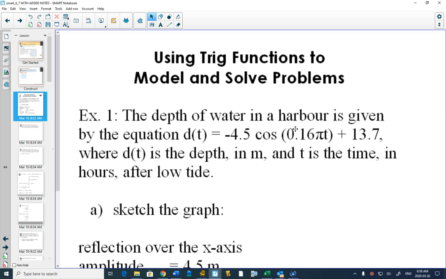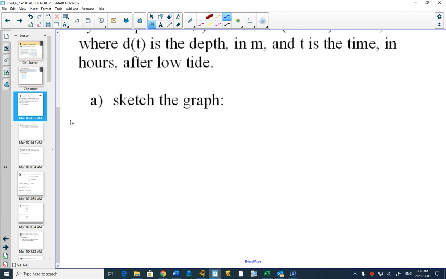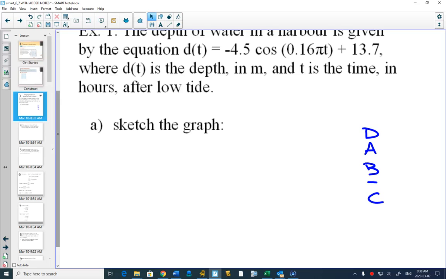So we've got that the depth is negative 4.5 cos 0.16 pi t plus 13.7, and we want to sketch the graph. So I'm going to erase this. And off to the side, we're going to think about doing the DABC. Our equation has a d value of 13.7 and an amplitude of 4.5.